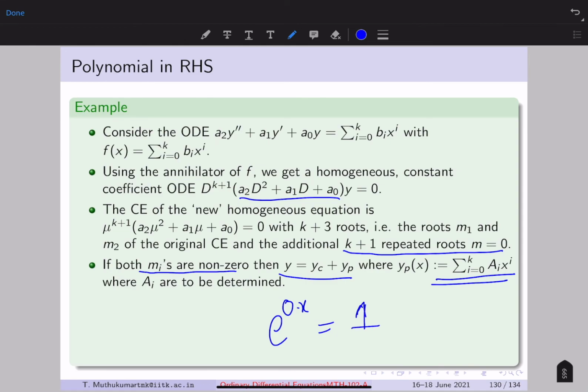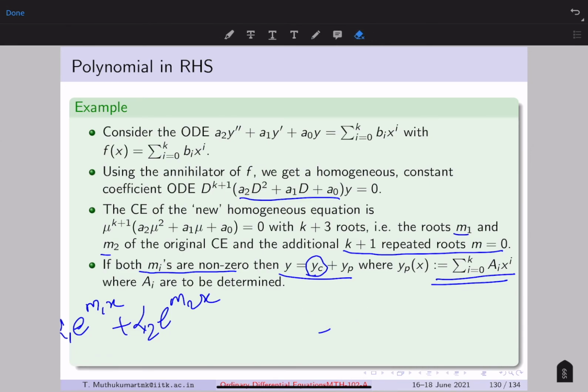So m1 and m2 give you e power m1x and e power m2x, which is already observed in yc as alpha 1 plus alpha 2, a linear combination of these. Whereas m equal to 0 gives you e power 0x, which is 1.